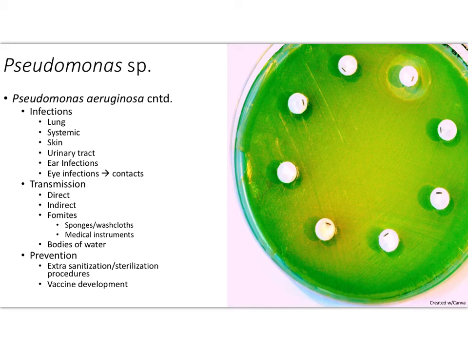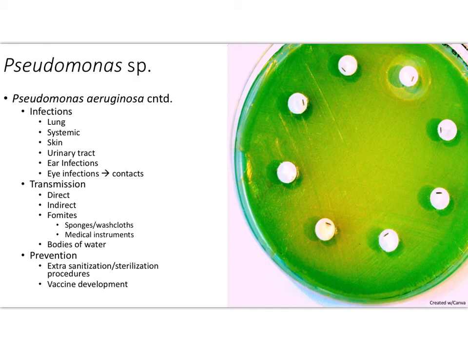There is a vaccine under development. It's not ready yet, and it's probably not one that would be given to everyone, but if it gets ready in the next, hopefully, 10 years or so, then it might be one that we give to people who are at more risk, who are defined as high-risk individuals for developing Pseudomonas infections.